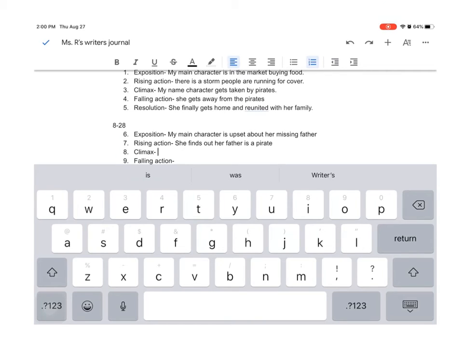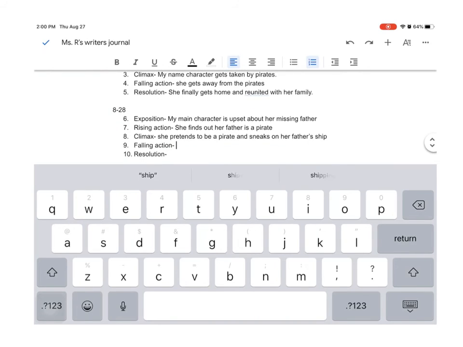I'm going to say she pretends to be a pirate and sneaks on her father's ship. So there's the climax. She's on the father's ship. It's very dramatic. She's pretending she's in danger.